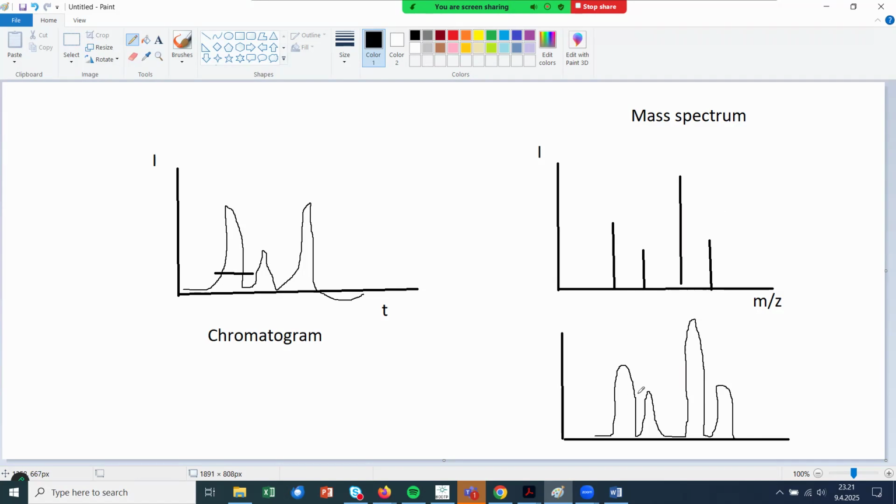In this case, too, the x-axis is not time, it's the m/z ratio. But sometimes these peaks can be narrow, sometimes they are wide. That's called the mass resolution.